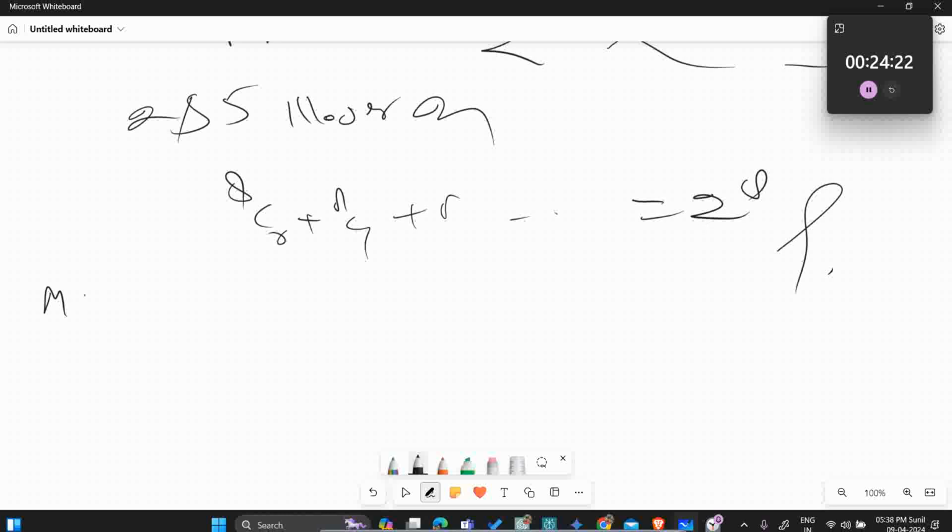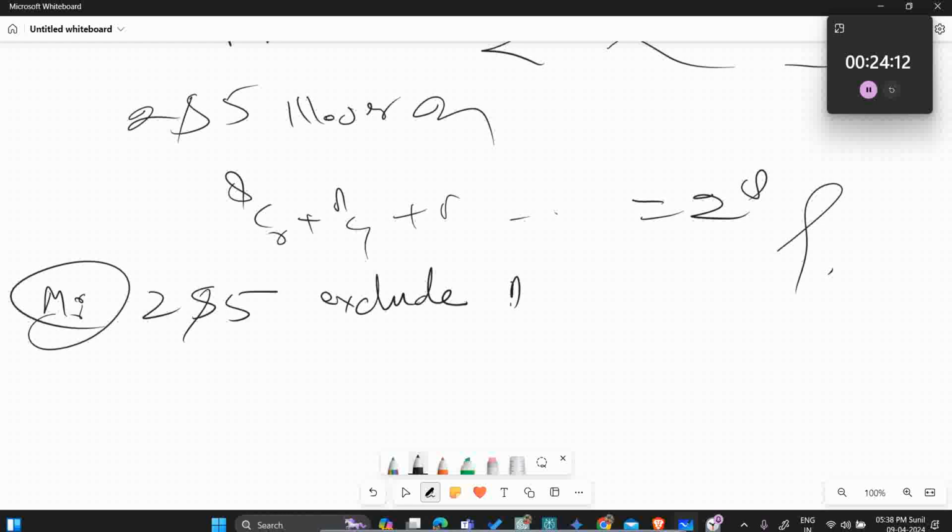Next modification here is 2 and 5 excluded and 7 included. So excluded means 8 are there, with 7 included. So 7 are left, and 2 to the power 7 is the answer.